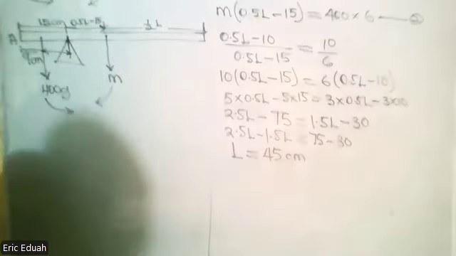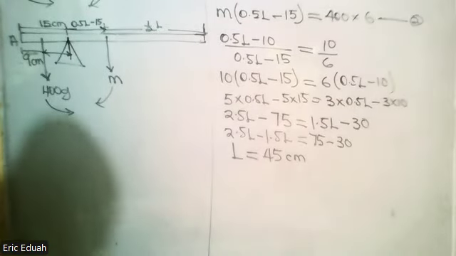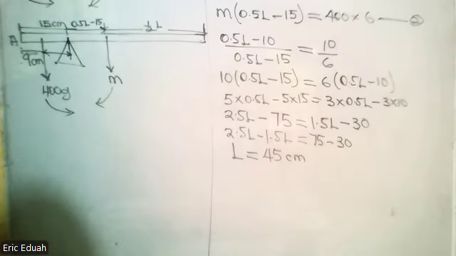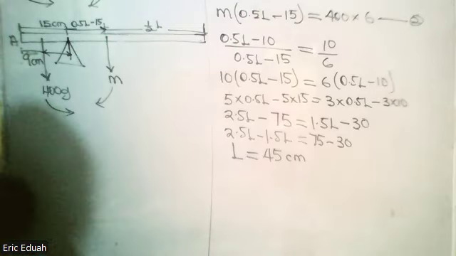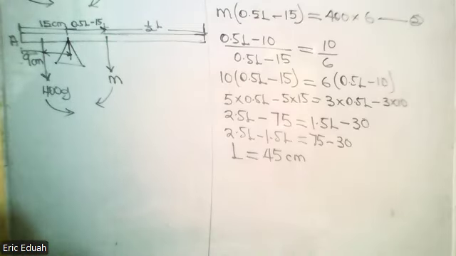What did you get for M? Okay, then let's quickly go through. If no one is talking, let's quickly go through.